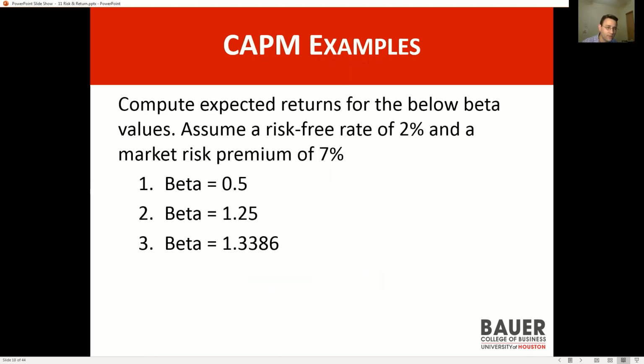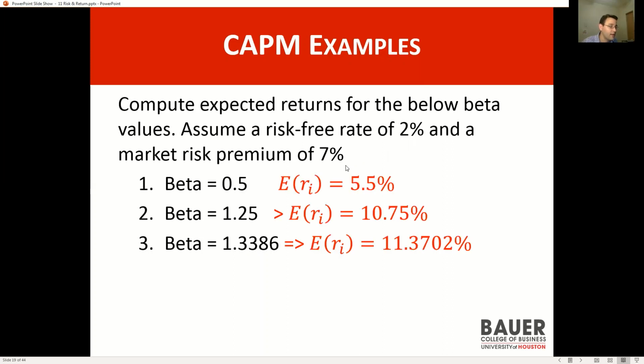We can do this for a bunch of different securities. According to the CAPM, the only thing that changes is the beta. So we can think about 3 different investments, 1, 2, and 3, with a beta of 0.5, 1.25, and 1.34. They all share a common risk-free rate and a common market risk premium. Those are just given by the economy.